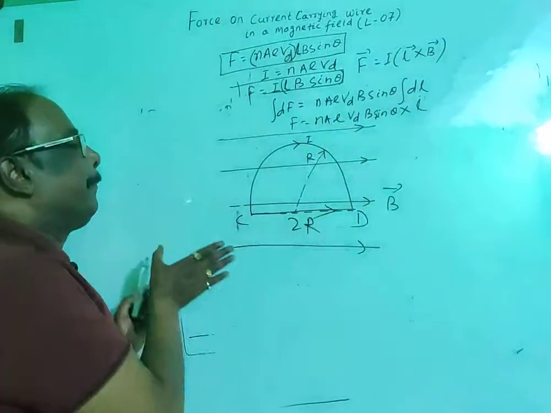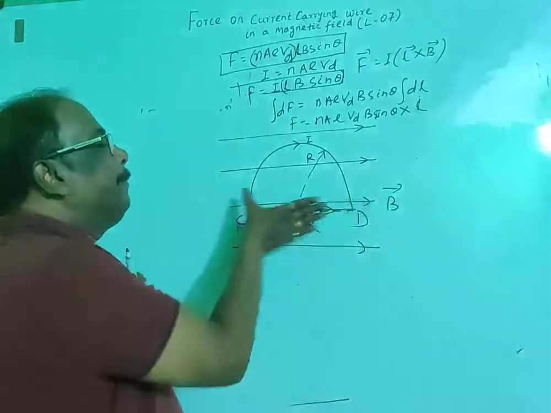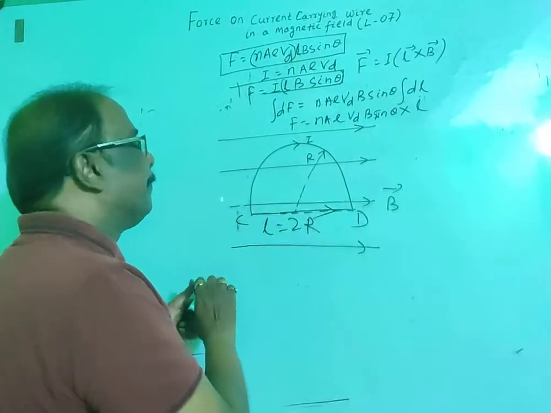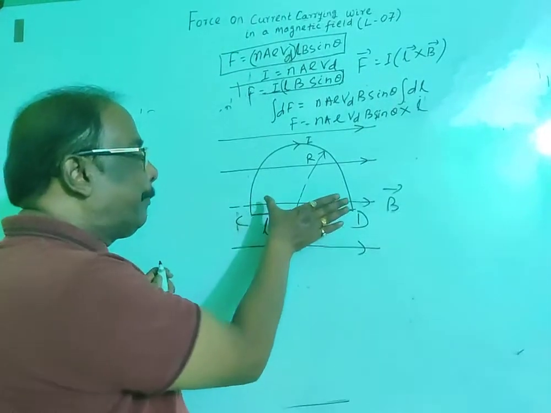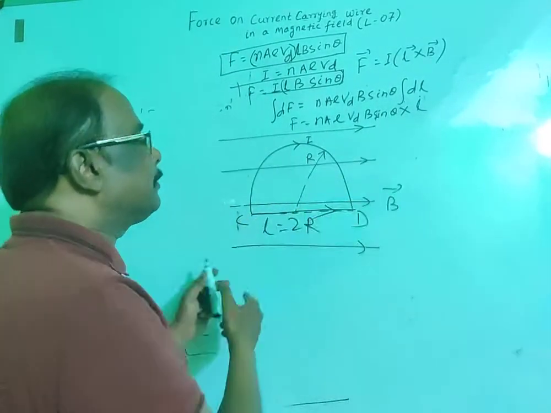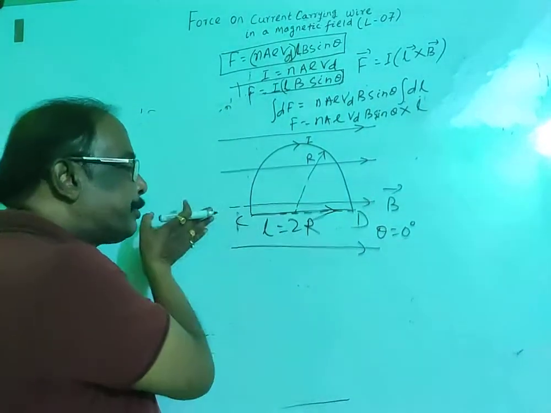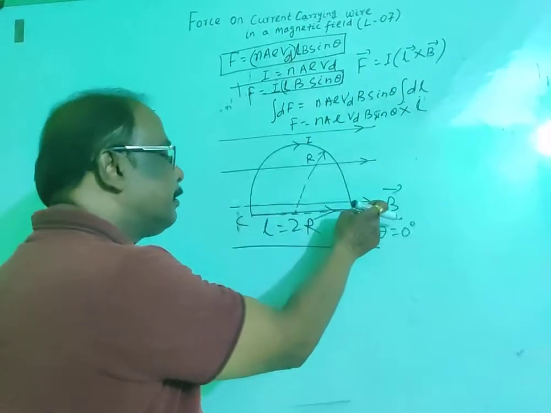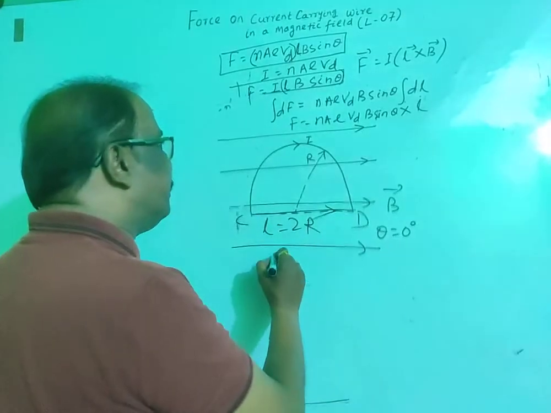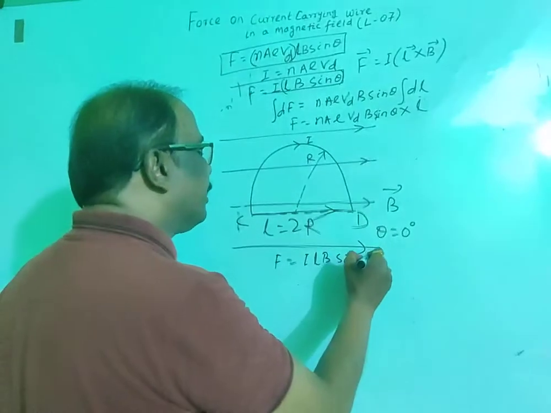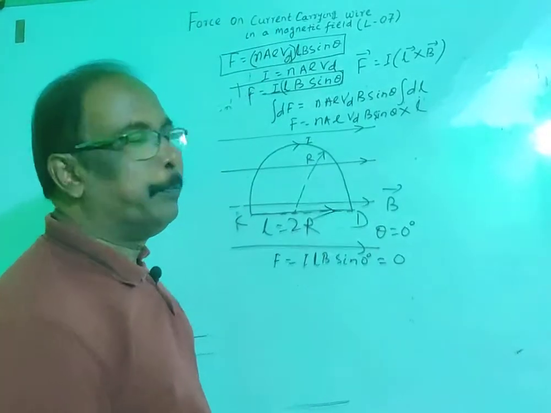The angle between the length 2R and the magnetic field along this direction is 0 degrees, so force is equal to ILB sin 0, which equals 0.